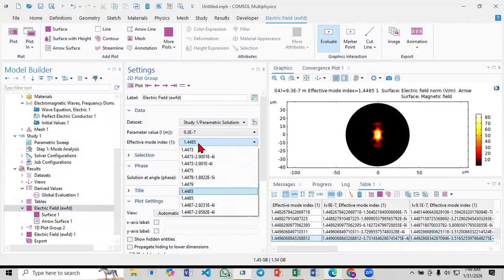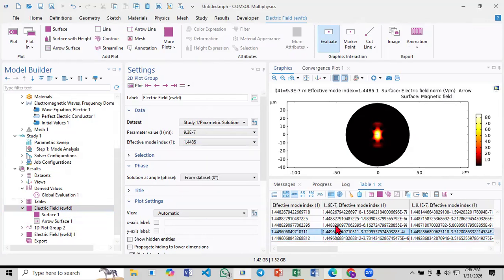Oh, sorry. Till 930 nanometer, the position of the effective mode from the bottom is 4. So 1, 2, 3, 4. So this one.